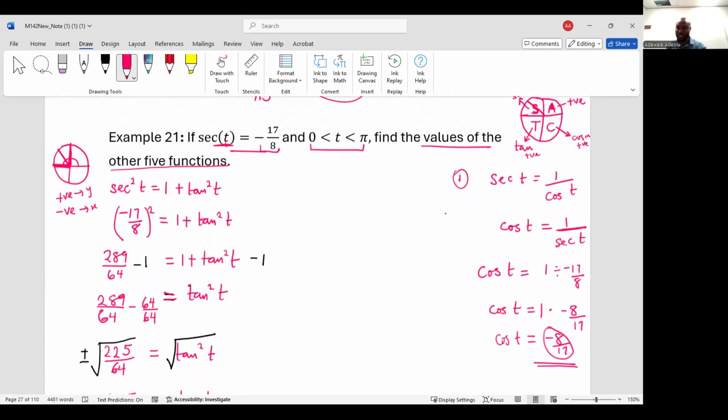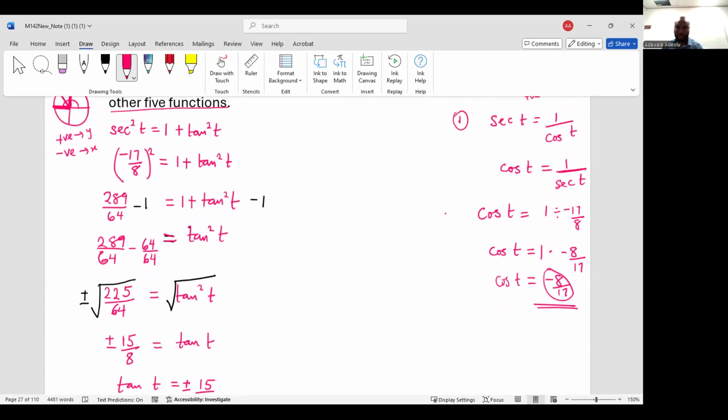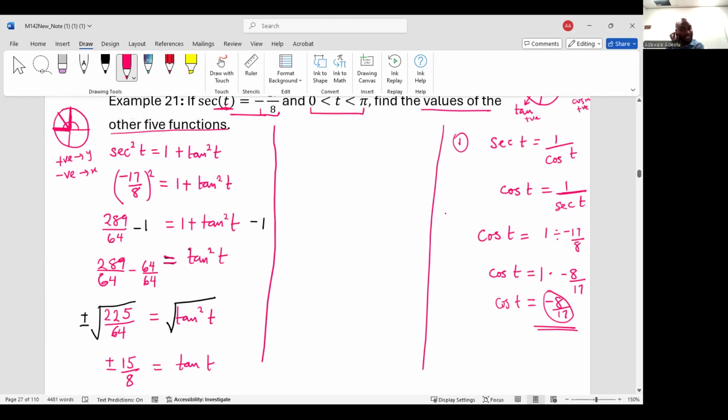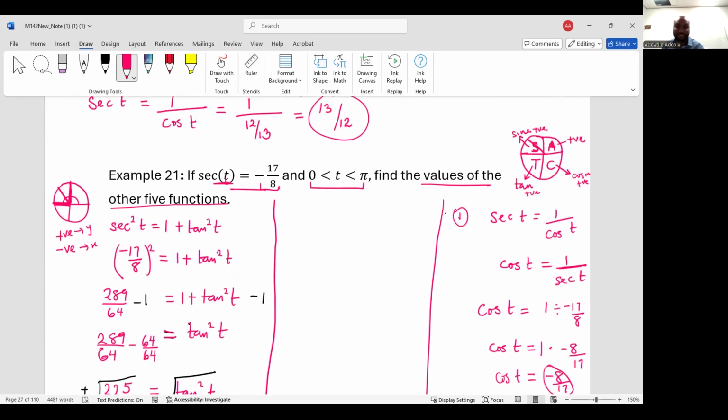If I have cosine, I know there is a Pythagorean identity that relates sine and cosine: cosine squared of angle T plus sine squared of angle T is 1.